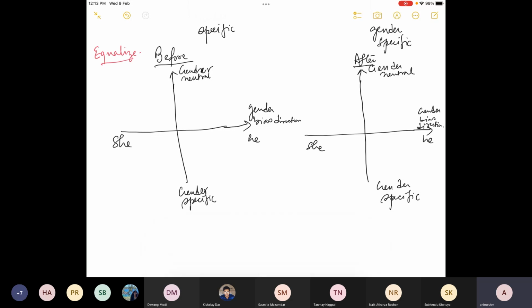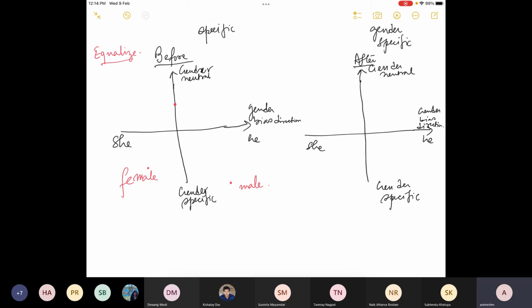Suppose there are two gender specific words, okay, and there is a gender neutral word.